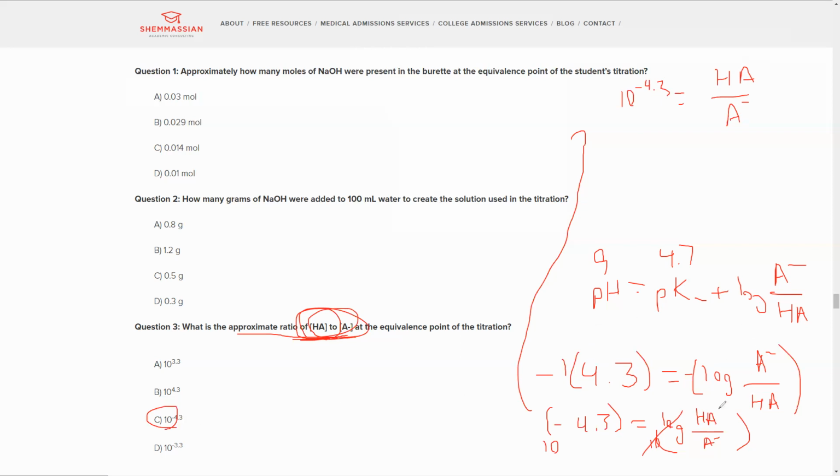Now, you see the danger of what if you did not make sure of what you were getting, right? If you said, oh, this looks good, and you went through this without multiplying by -1, at the end you would have gotten 10 to the 4.3 is equal to A minus over HA. And if you weren't paying close attention, you would have said, oh, okay, B is the correct answer, right?